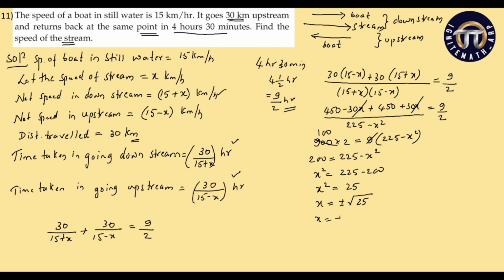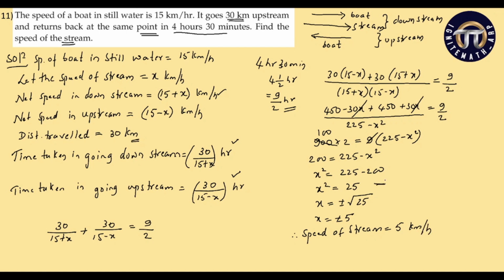So x is equal to plus or minus 5. So I cannot take minus because speed cannot be negative. So I will take the positive value of x. Find the speed of the stream. Therefore, I can conclude that the speed of the stream is equal to 5 kilometers per hour.